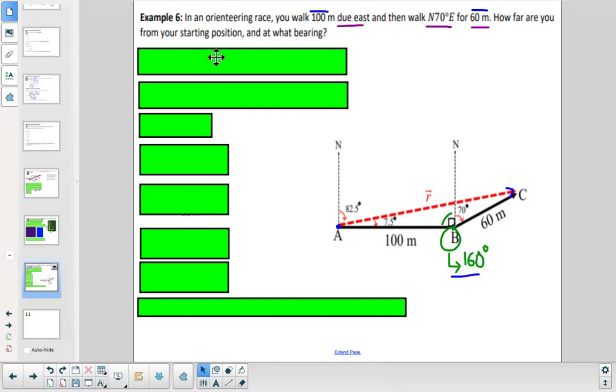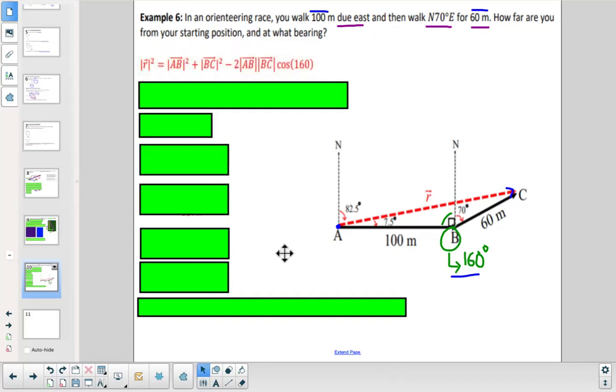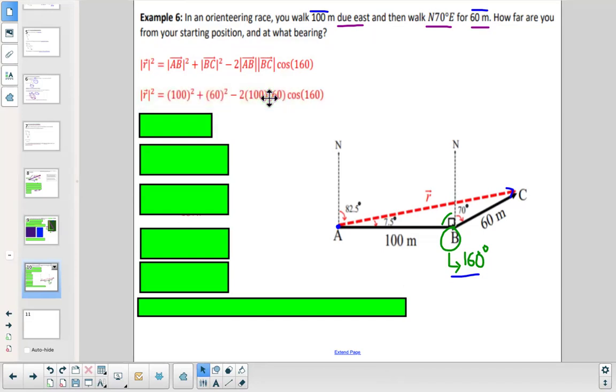So I'm going to start off using cosine law, right? I'm labeling the vectors as AB, BC. The magnitude of my resultant squared is AB squared plus BC squared minus 2 AB BC cos 160 degrees. When you substitute your values, 100 for AB and 60 for BC, be very careful you don't confuse that 60 with cos of 160 degrees, which is the contained angle.